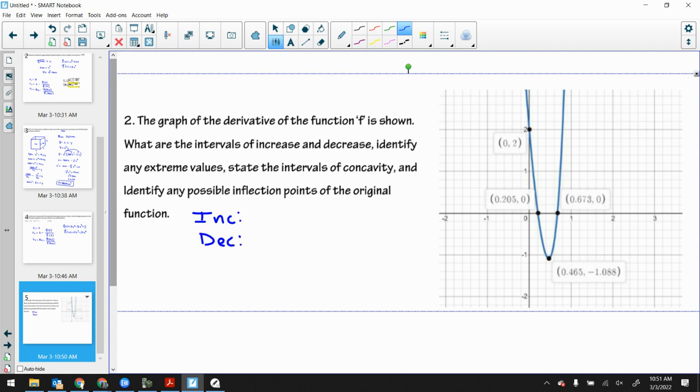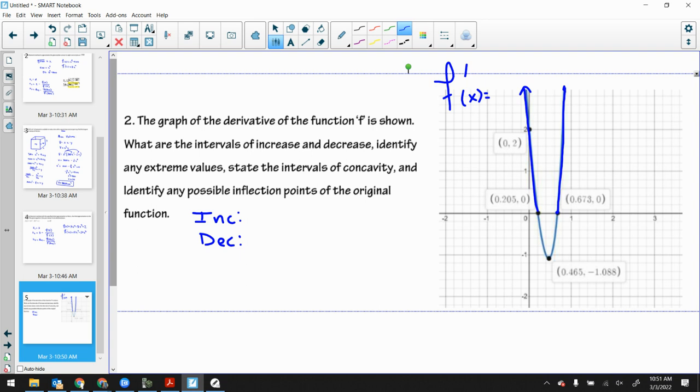Now remember, if this is the graph of f prime, then I know the zeros are where the original function is changing from increasing to decreasing, right? So anything above the x-axis on my derivative is increasing on the original.